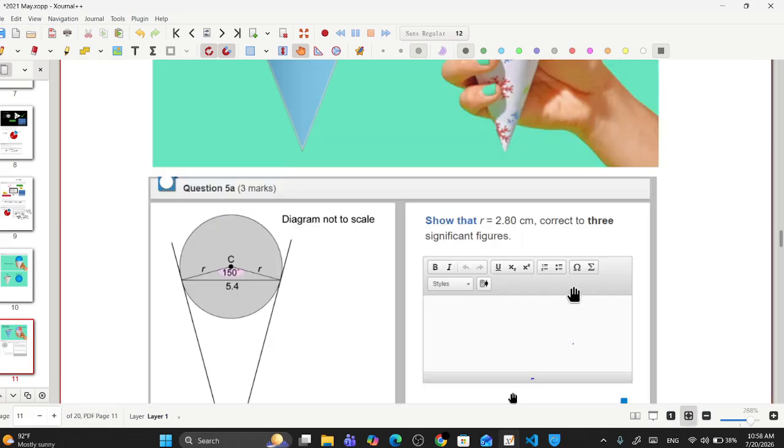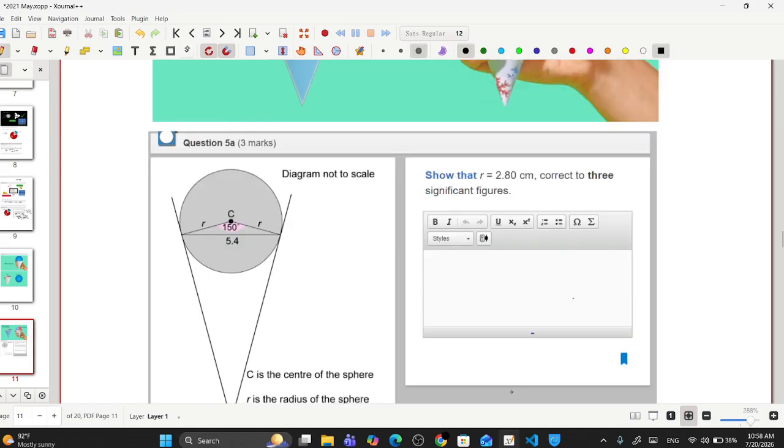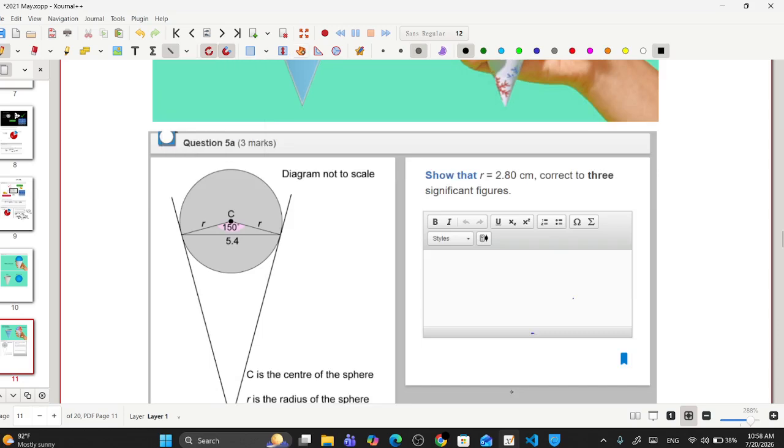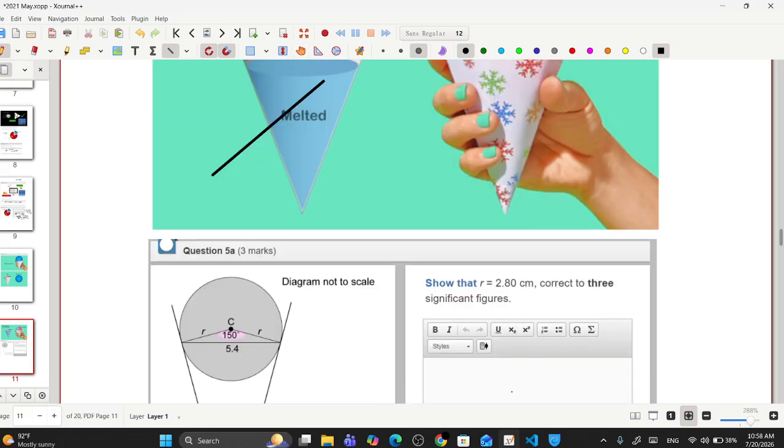All right. Let me draw this diagram in a better way. So this is basically 150 degrees, all right?